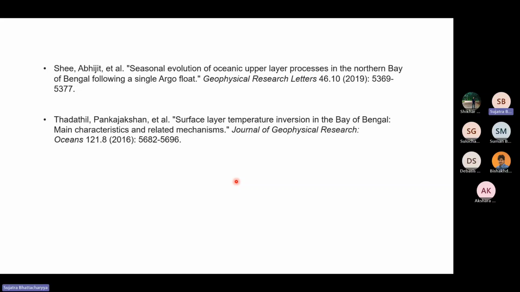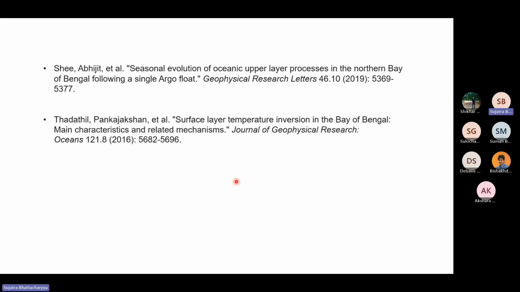The relative contribution of cooling heat flux versus the penetrative heat flux in causing this inversion layer, because it is the interplay between these two which can create either stronger inversions or weaker inversions.